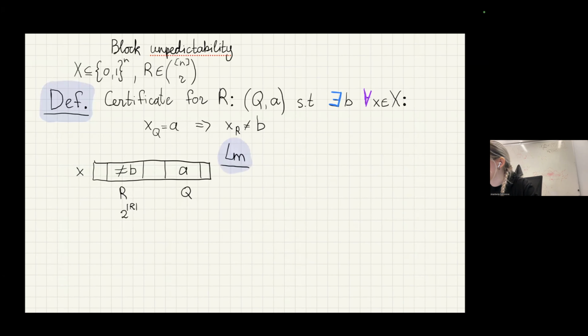So, okay, X is a set of Boolean strings, and the size of X is greater than 2 to the n minus k, for example, right? And then I want to say that R is a block of indices of size R.